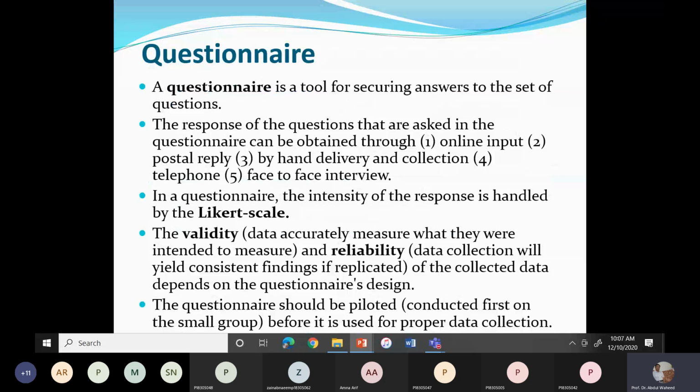So this is a very popular method to get the data personally, which is the primary data. For this, we have to design a questionnaire.